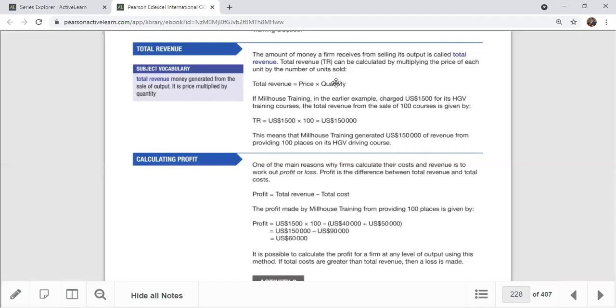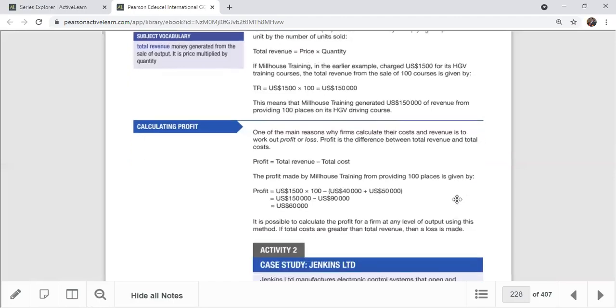You multiply price by quantity for each, then add them up to find the total revenue. That is how it works, because every business sells multiple items at different prices.